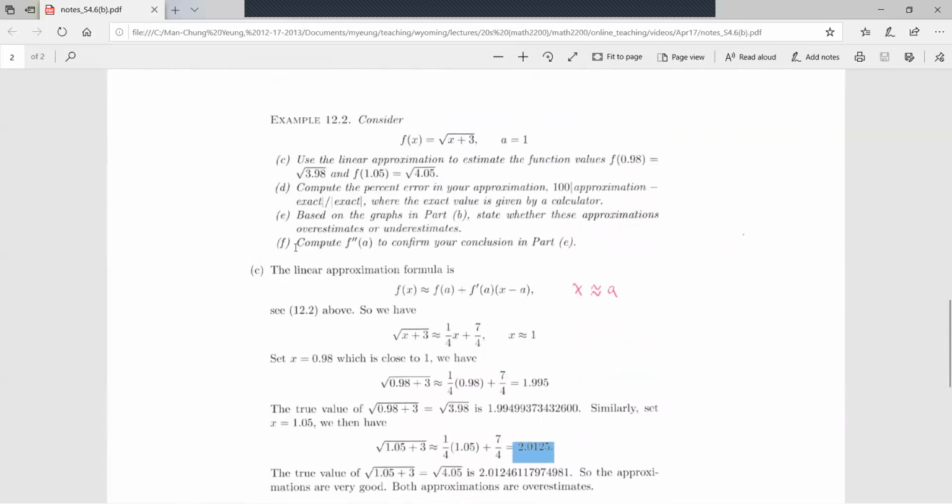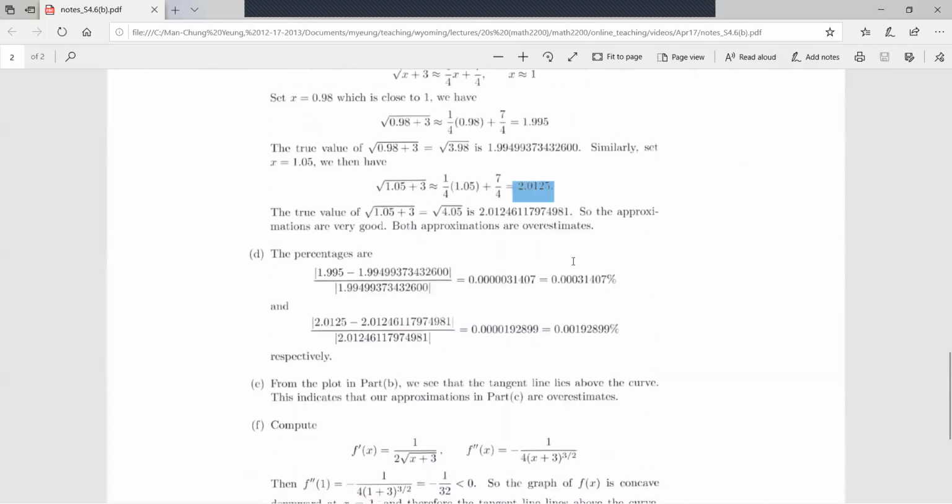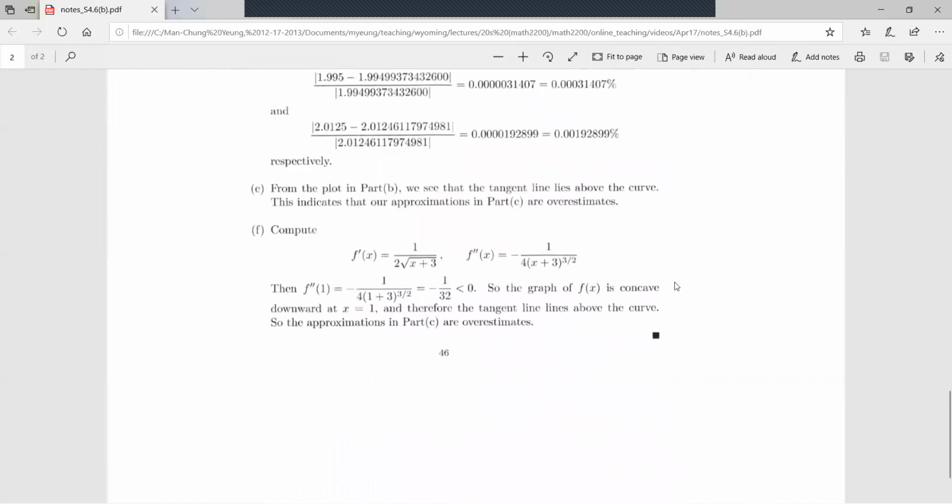Question F. Compute the second derivative at A. Now A is 1. Compute the second derivative at 1 to confirm your conclusion in part E. Okay, now compute the derivative twice.